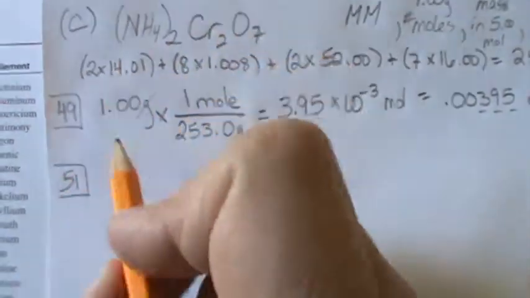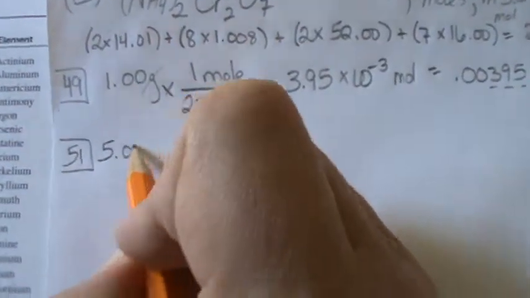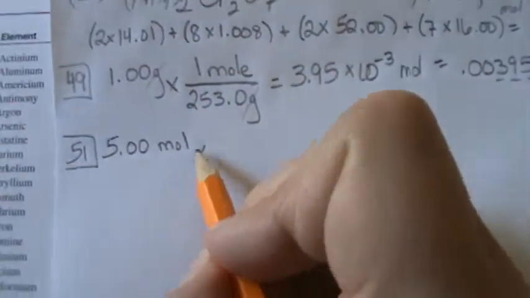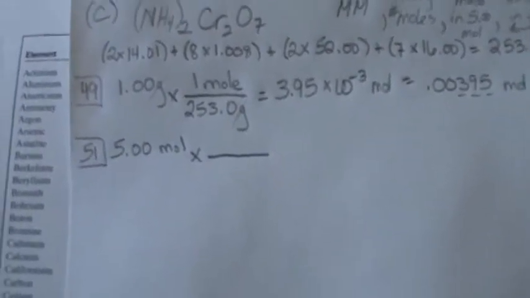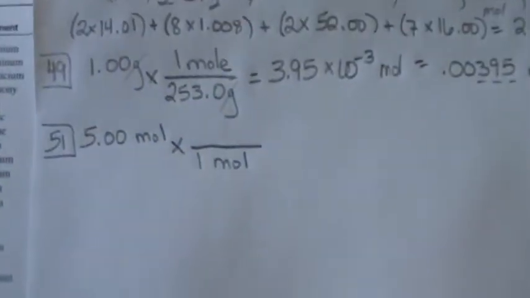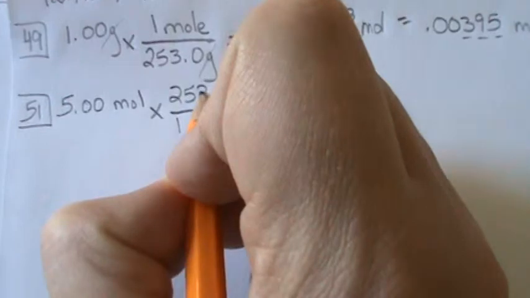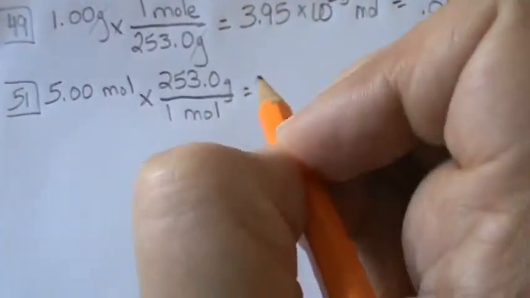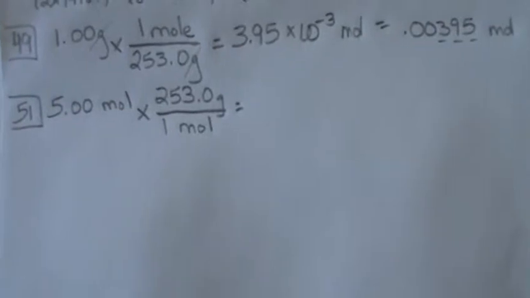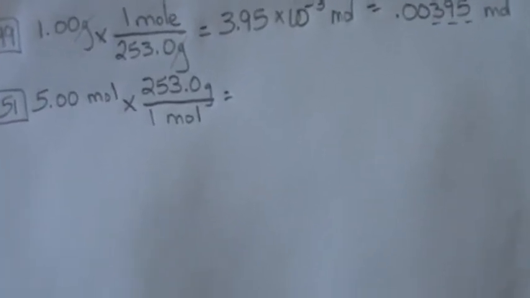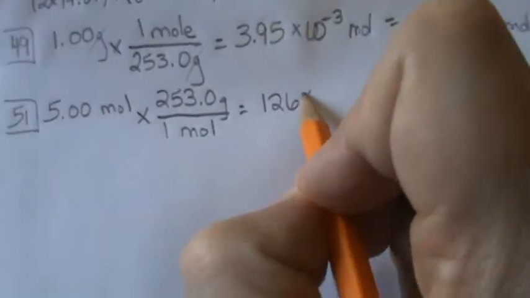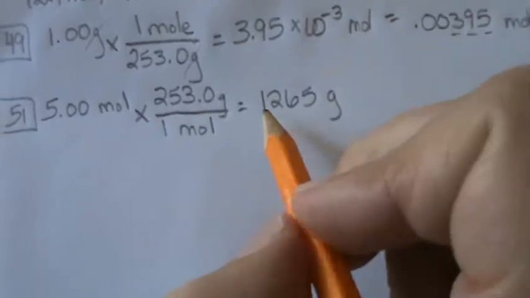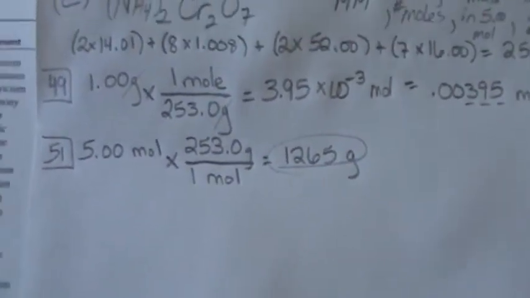Here my given is 5 moles, times that conversion factor that gives me grams per mole. In every 1 mole of ammonium dichromate I have 253.0 grams. So 5 times 253 gives me 1,265 grams of my ammonium dichromate.